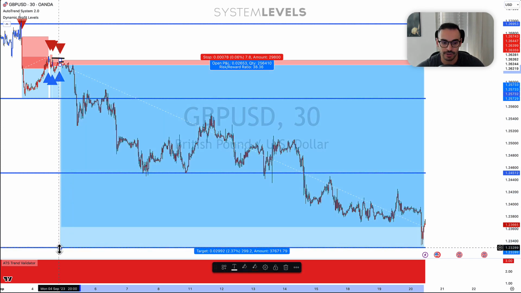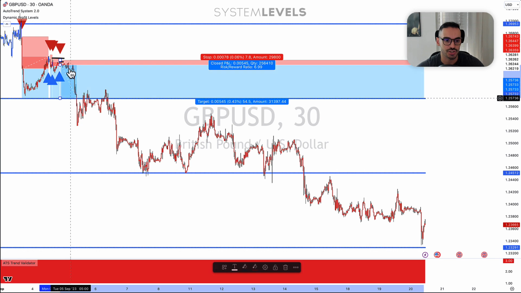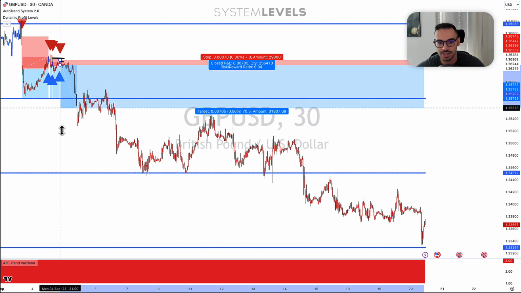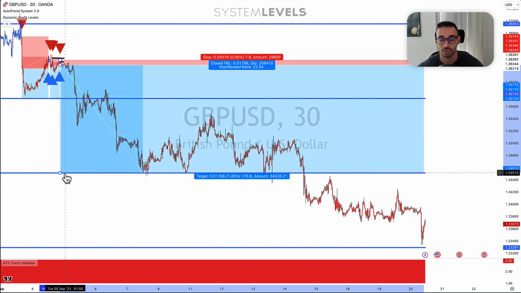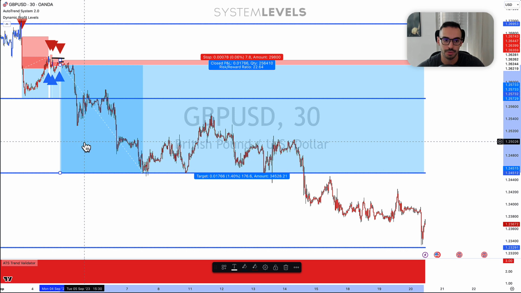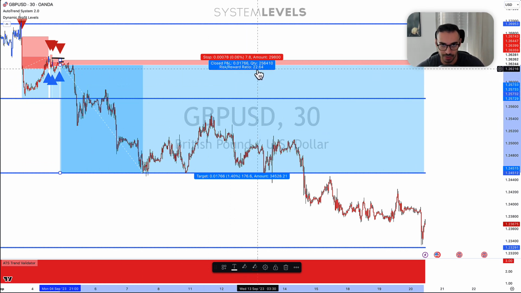Now, just to be conservative, we were targeting just the first one for a 1-to-7 risk-reward ratio, so we're risking $1,000 to make $7,000. If you were targeting the second dynamic profit level for your entire position, that would be a risk of $1,000 to potentially make $22,000, a risk of 1 to 22. Obviously, that's a much bigger target, but the likelihood of hitting it is smaller.